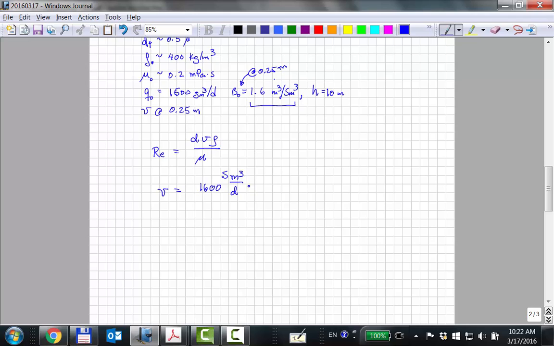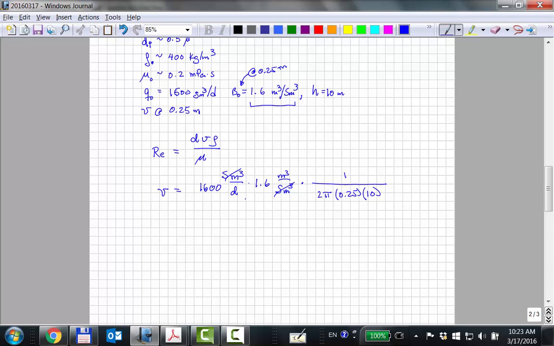That Bo is 1.6, so it would be multiplied by 1.6. Then we have the 2 pi, radius 0.25 meters, and the thickness, 10 meters.